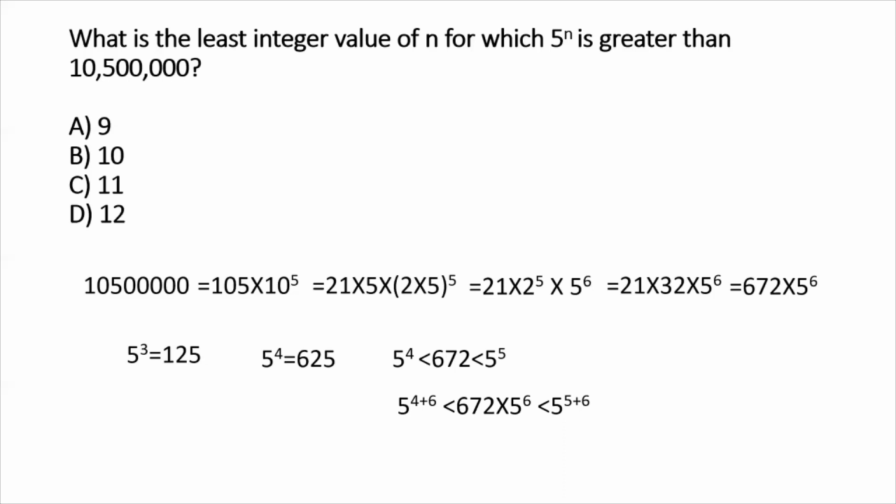And on the extreme right side I have 5 to the power 5 multiplied by 5 to the power 6, which makes it 5 to the power 11. So we find that this big number lies between 5 to the power 10 and 5 to the power 11. So the value of n for which 5 to the power n will be greater than this big number will be 11.